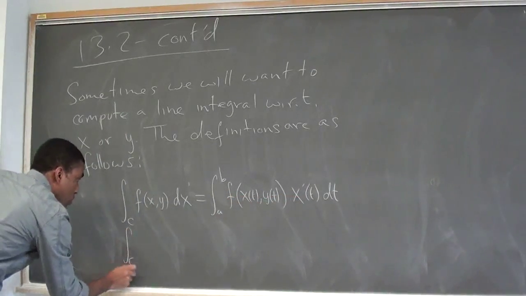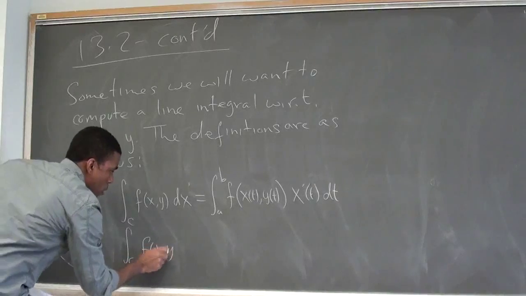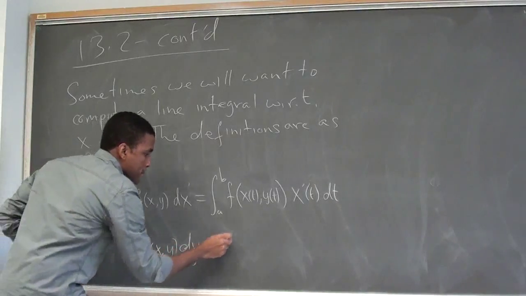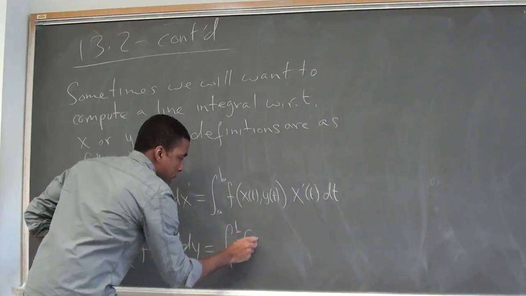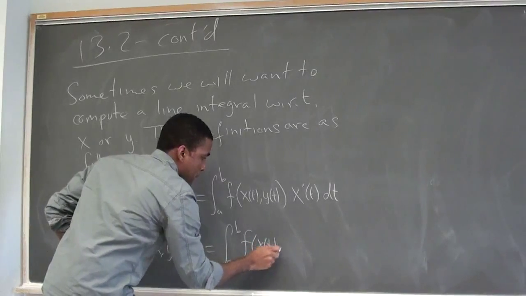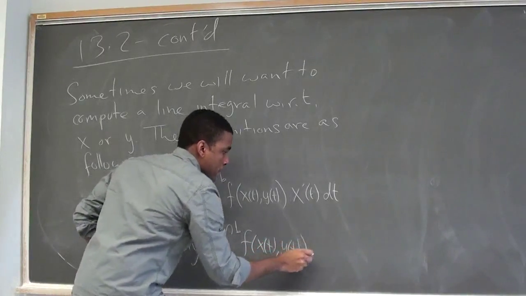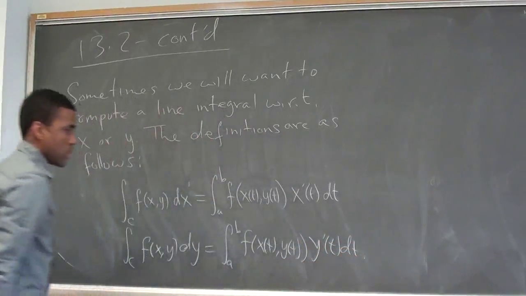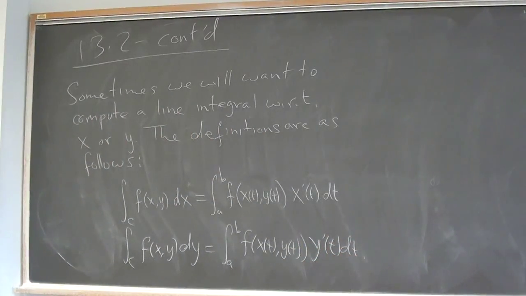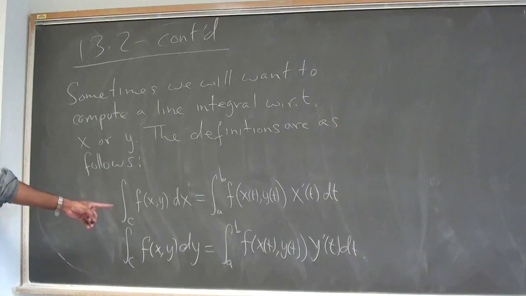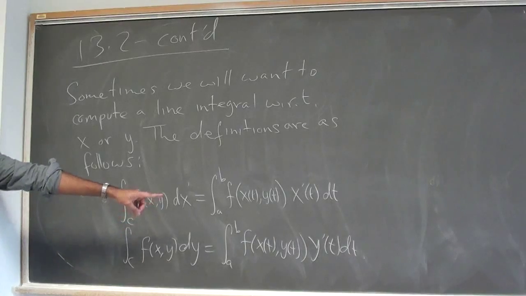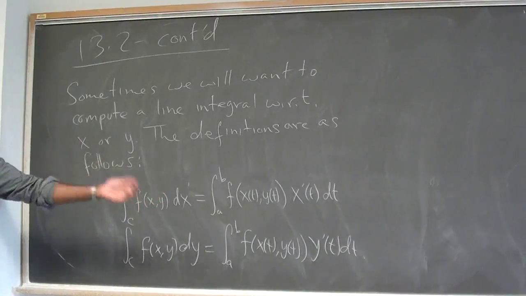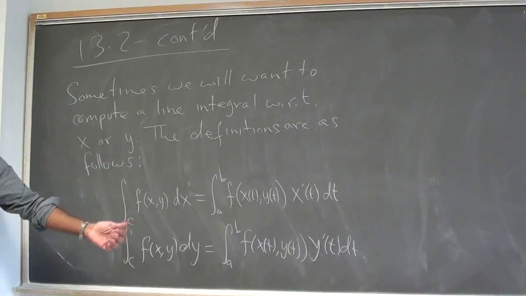And the definition for y is very similar. So that's that. And you would notice that the integrals we did before, back in Calc 1, if you think of this as parameterizing the x-axis, it actually goes right back to the Calc 1 definition of the integral.